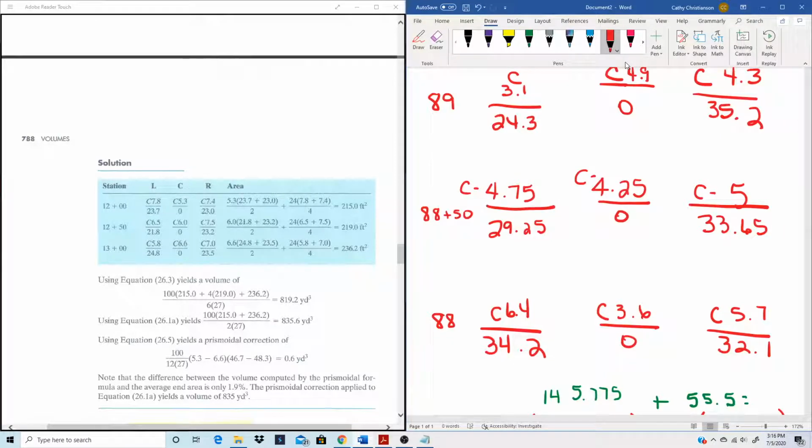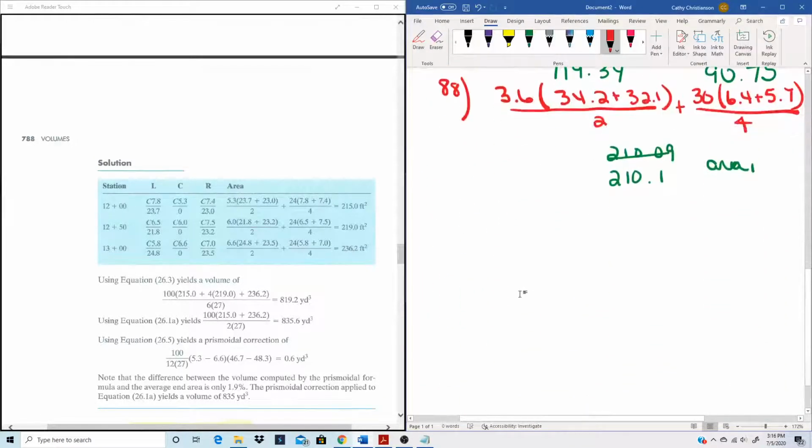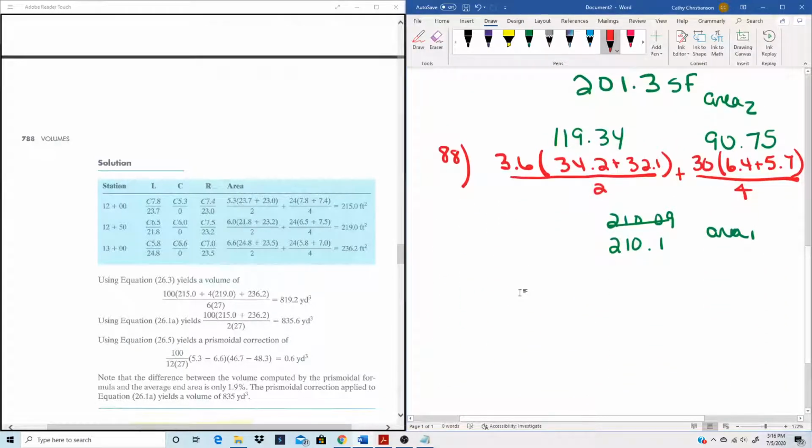Okay, so now I'm going to do the formula for that one. So this is going to be my area in the middle. I'm going to call it AM. So my center is 4.25. Left is 29.25.